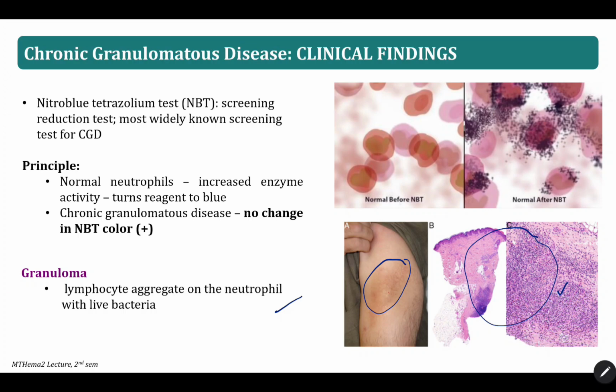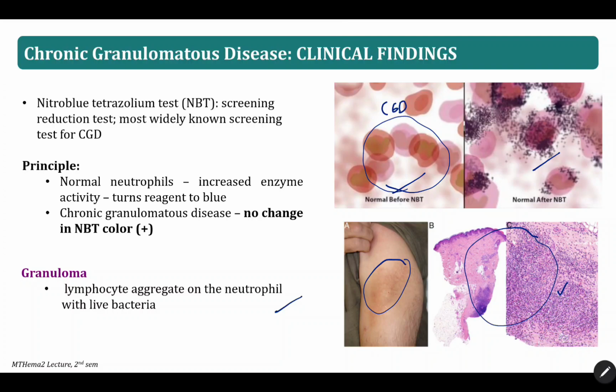Normal neutrophils usually present a blue color compound reaction, okay, while in patients with CGD there would be no change in the NBT color. So an absence of the blue compound in the neutrophils indicates the presence of CGD.